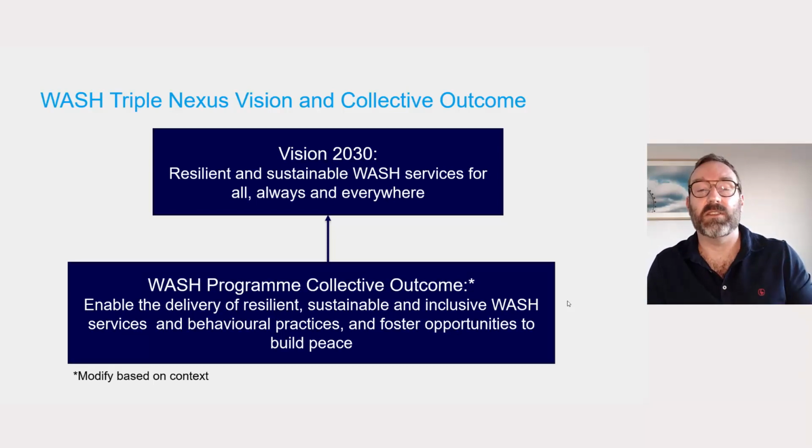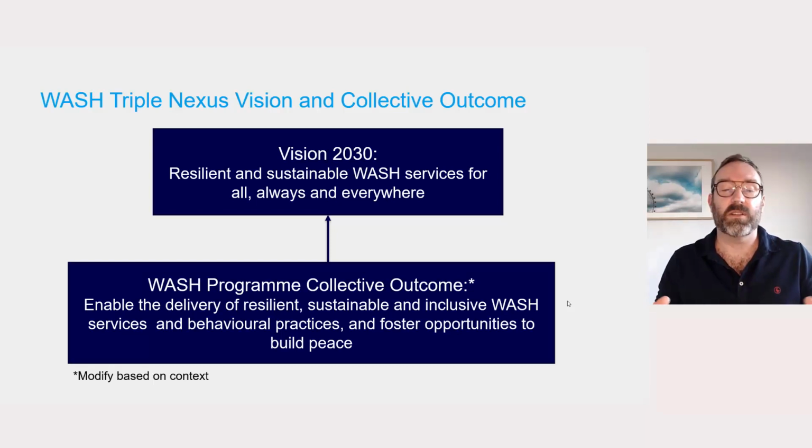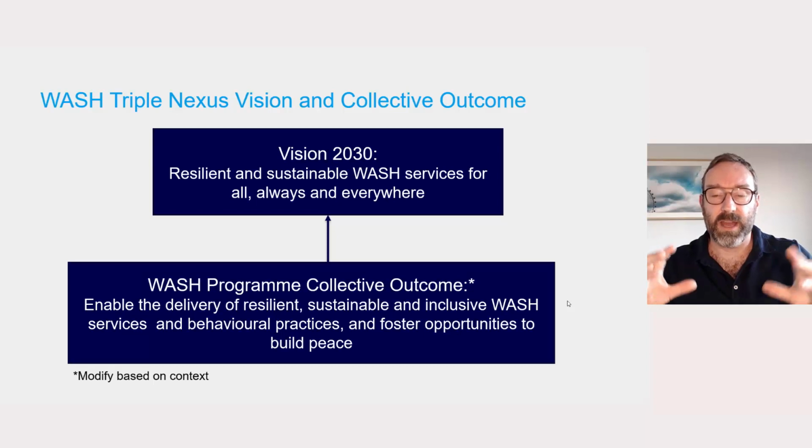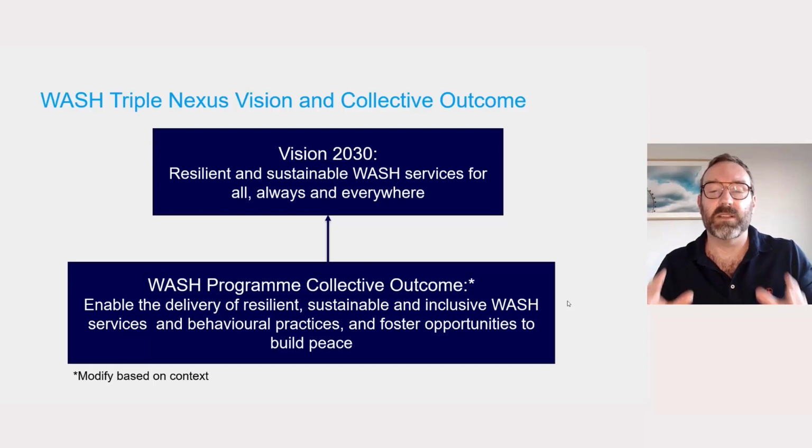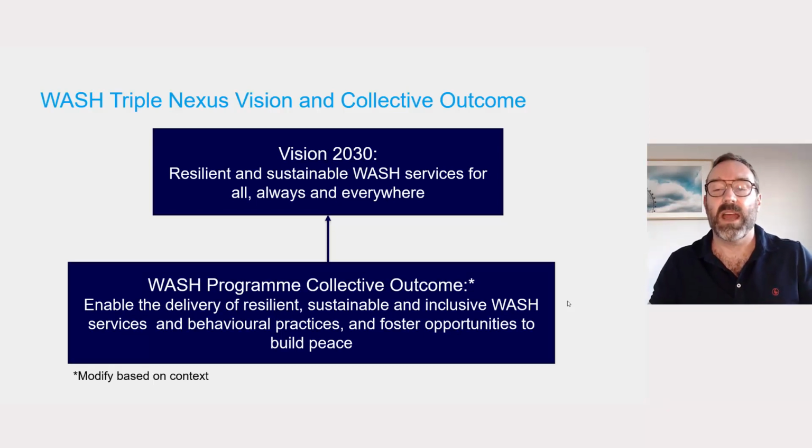If it's drought relief, if it's working in the prevention of disease such as cholera or COVID, and many other risks that you may be facing. But the overall vision, the overall outcome is enabling the delivery of resilient, sustainable, and inclusive WASH services and behavioural practices, and fostering opportunities to build peace.